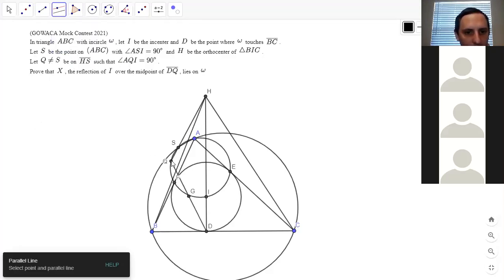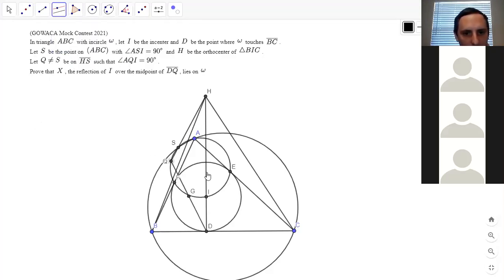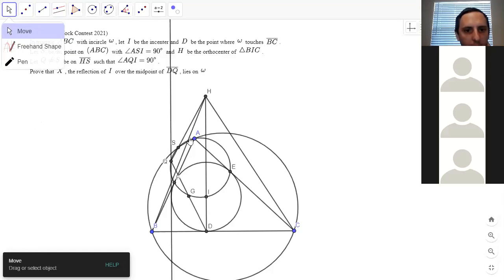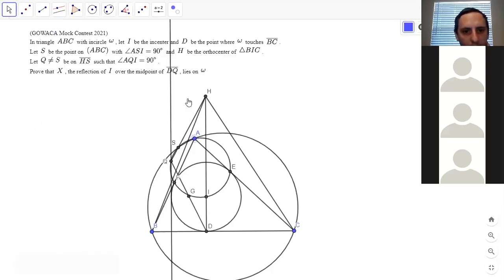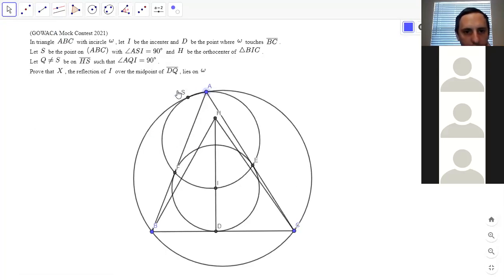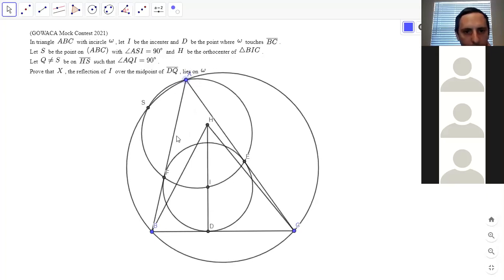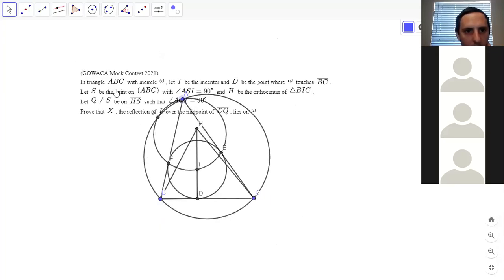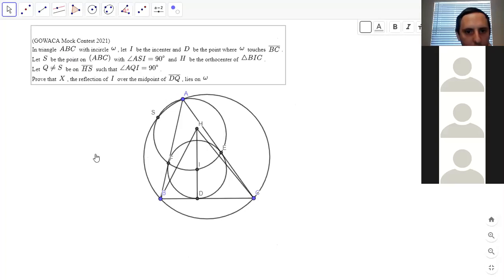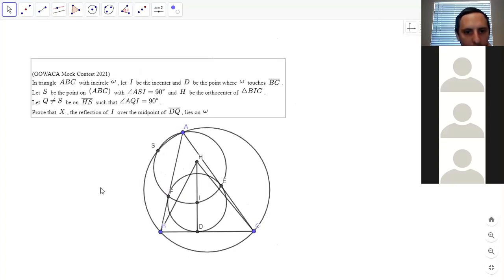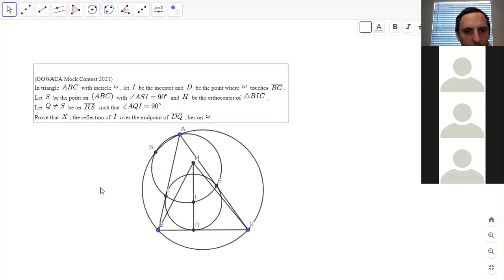And make the angle BAC less, because it looks better when H is inside the circle. So kind of like this.